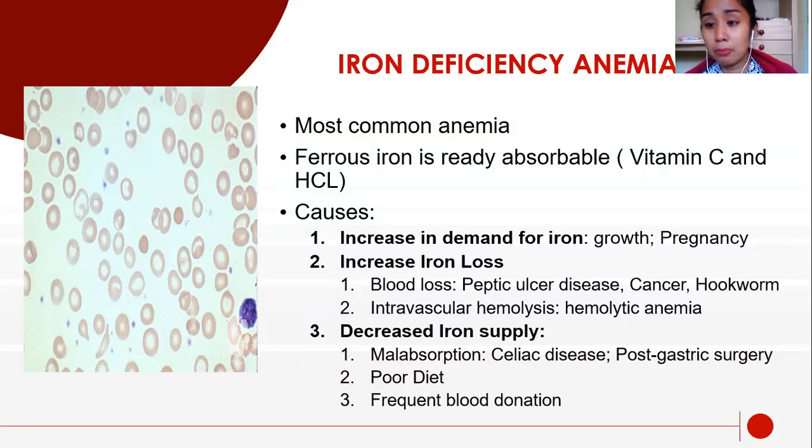Example, people who have peptic ulcer disease. When we say peptic ulcer disease, there are lesions in the stomach and it has caused bleeding. So they are losing blood for a very long time. They didn't even know. What else? Cancer, especially in the colon, in the stomach, nag-lose na pala silang blood. And hookworm.